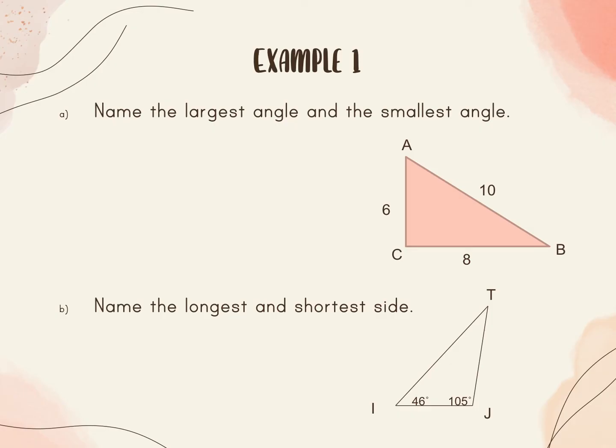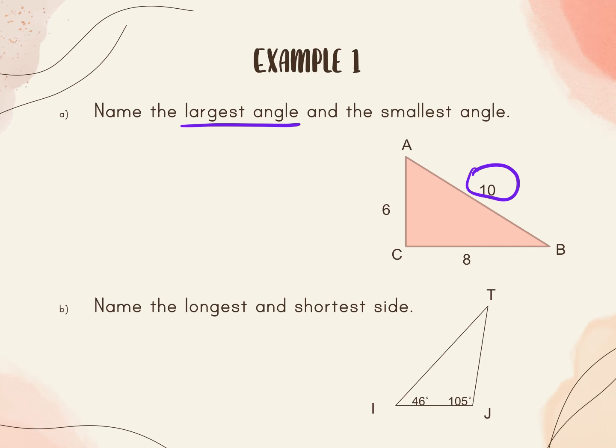So our first example wants us to use the theorems that we just learned, and it says to name the largest angle and the smallest angle. Well, to find the largest angle, I need to find the biggest side, and my biggest side has a length of 10.